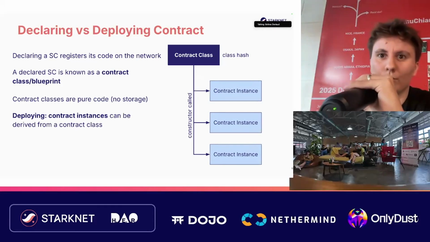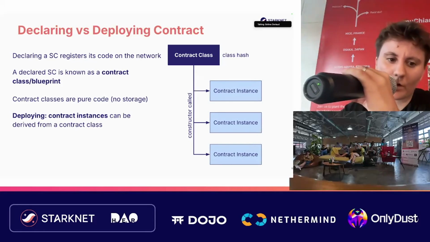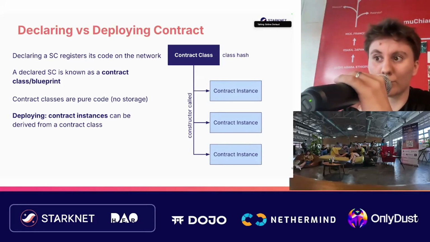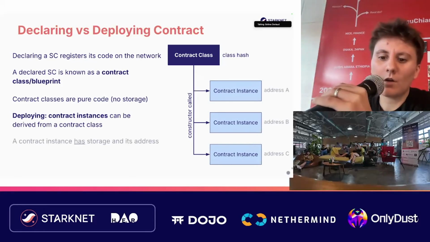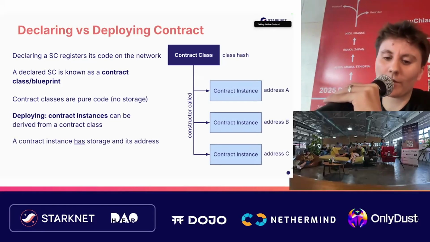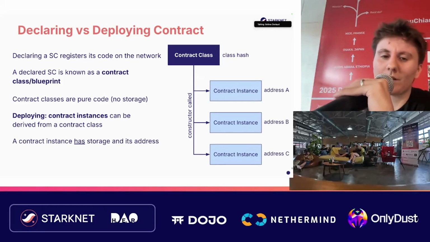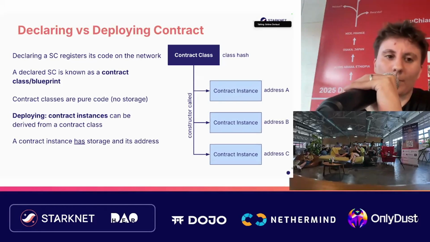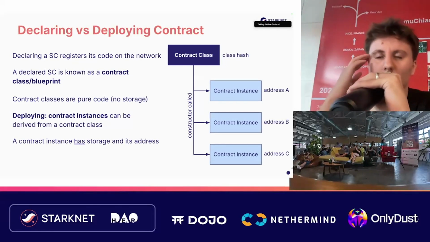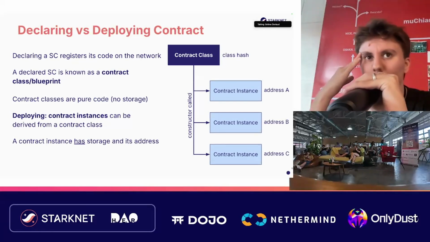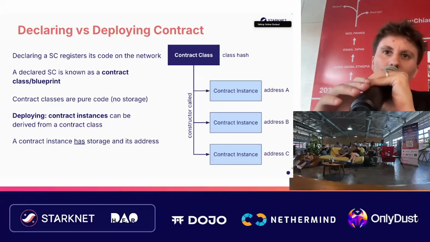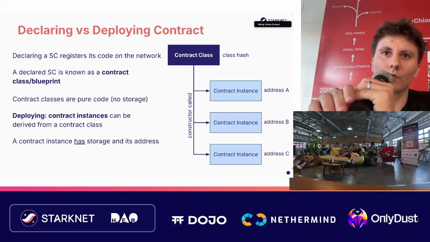You have to derive from this one to get an address and unique storage associated with it. So keep in mind that you have to declare and deploy your smart contract on Starknet.